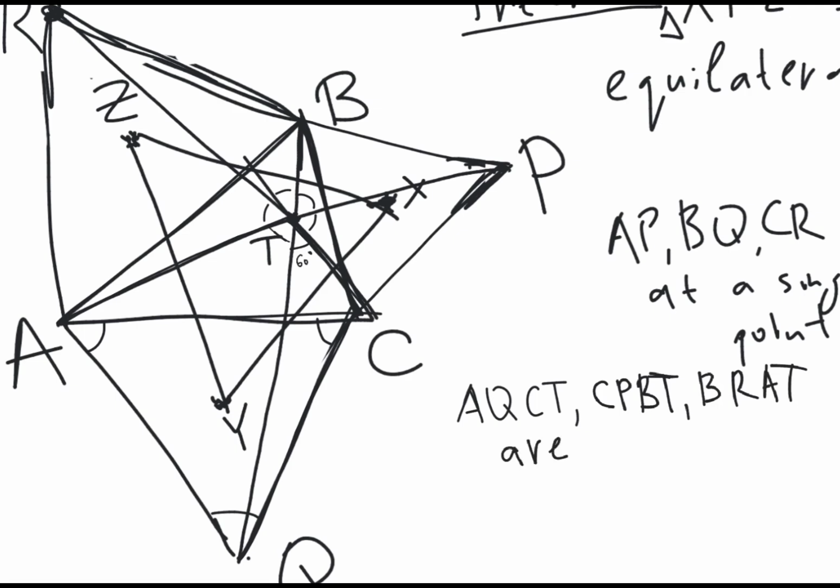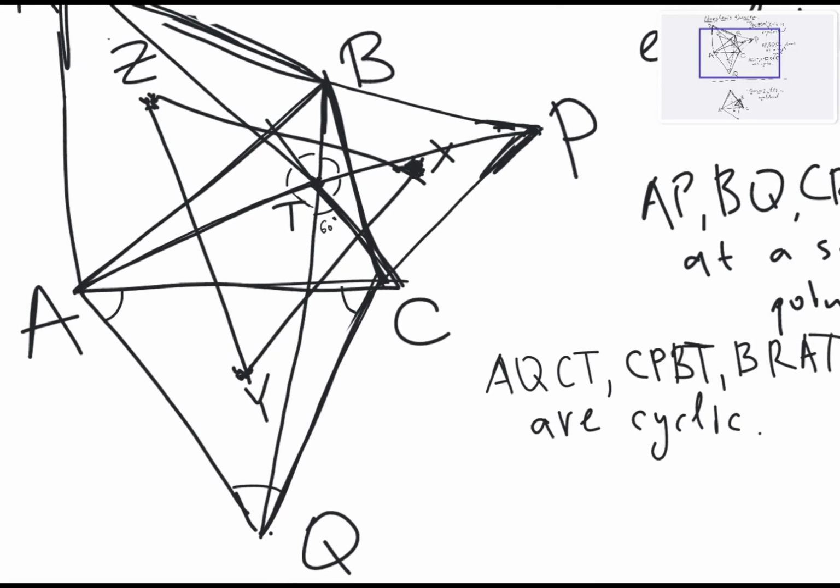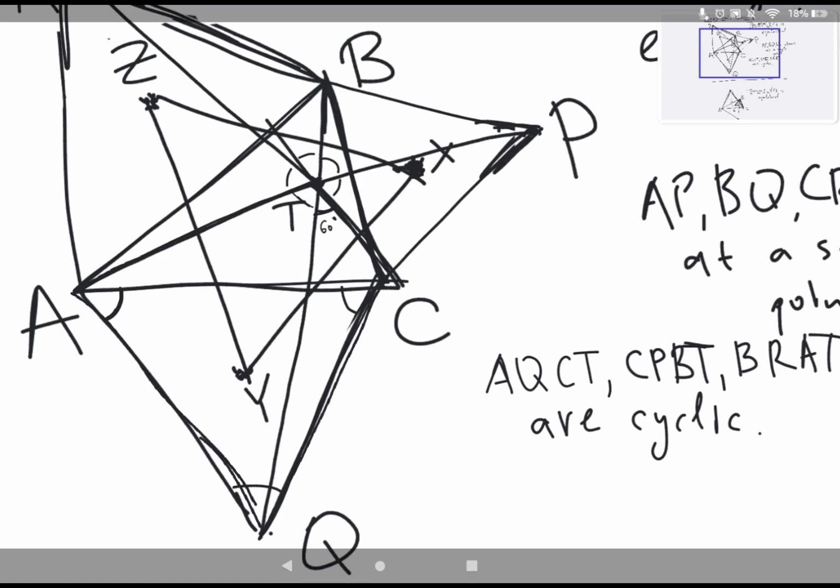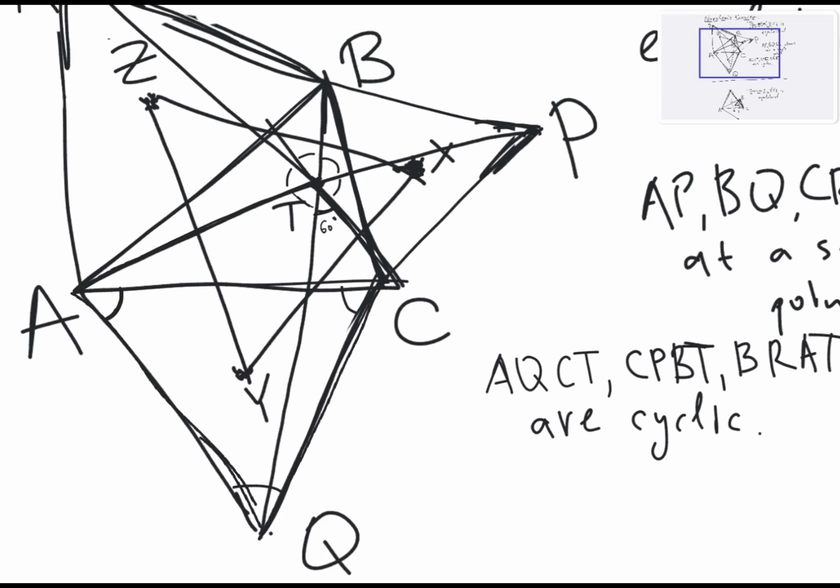All of these three quadrilaterals are cyclic. We proved it in one of the previous videos about the first Fermat-Torricelli point, and if you know that this angle is 60 degrees and this angle is 60 degrees, it immediately follows that this quadrilateral is cyclic, it's one of the criteria.